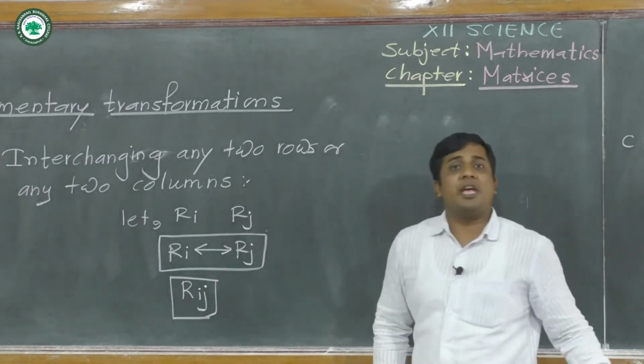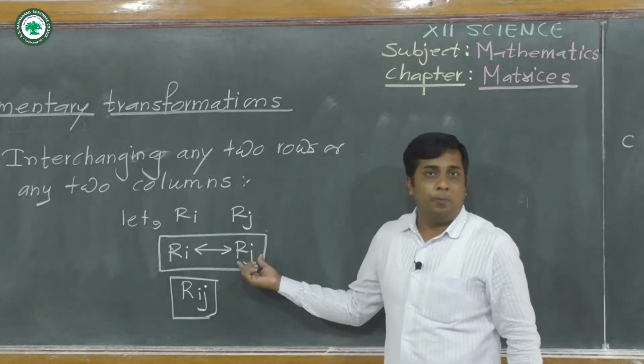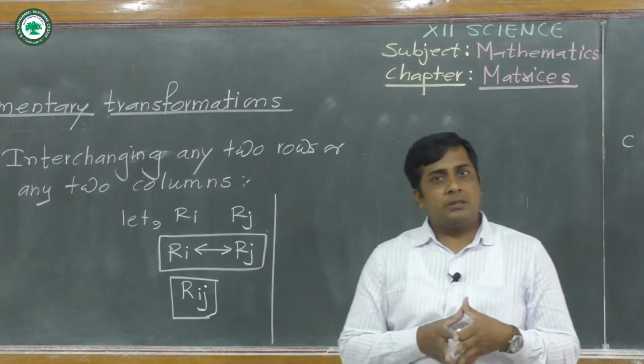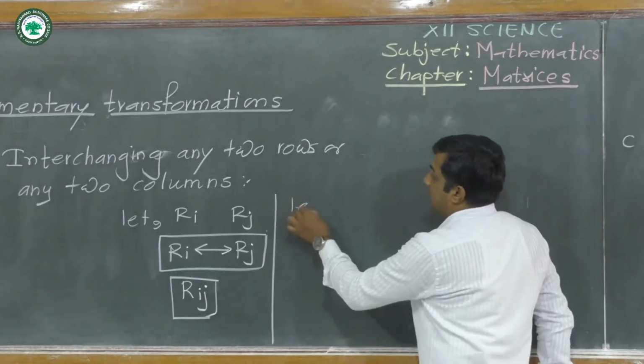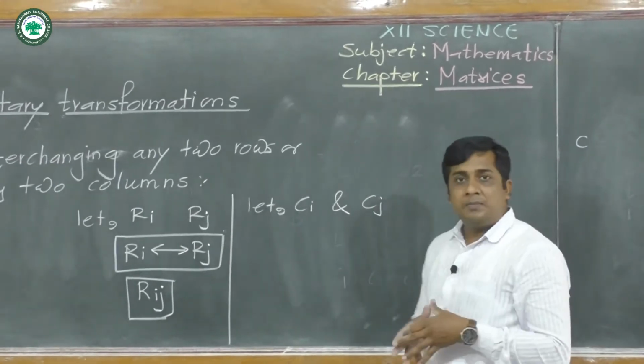So remember this point. Here we interchange our ith row with the jth row. This is for rows. Now we consider columns. Let here Ci and Cj be the two columns.